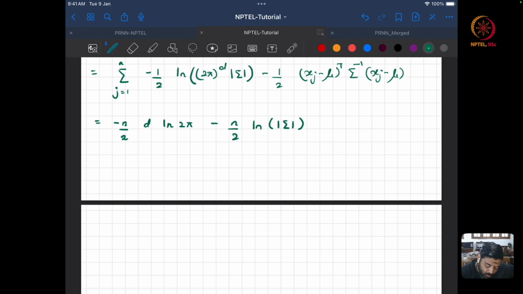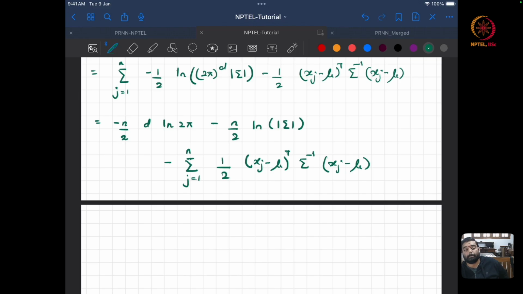Okay, and then minus summation j equals 1 to n, half, xj minus mu transpose inverse. This is what it turns out to be.